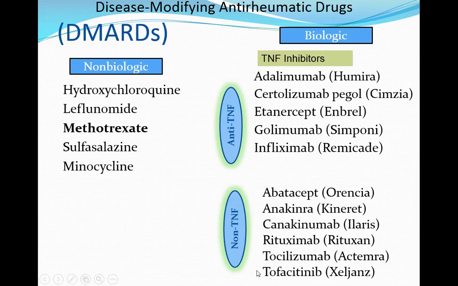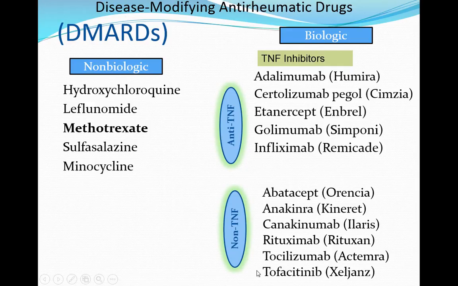The tumor necrosis factors, all of them listed here, would be another first-line agent. They are all interchangeable. However, if you look at them closely, there might be slight difference in efficacy, but very slight. Probably the one that has the least efficacy is golimumab.